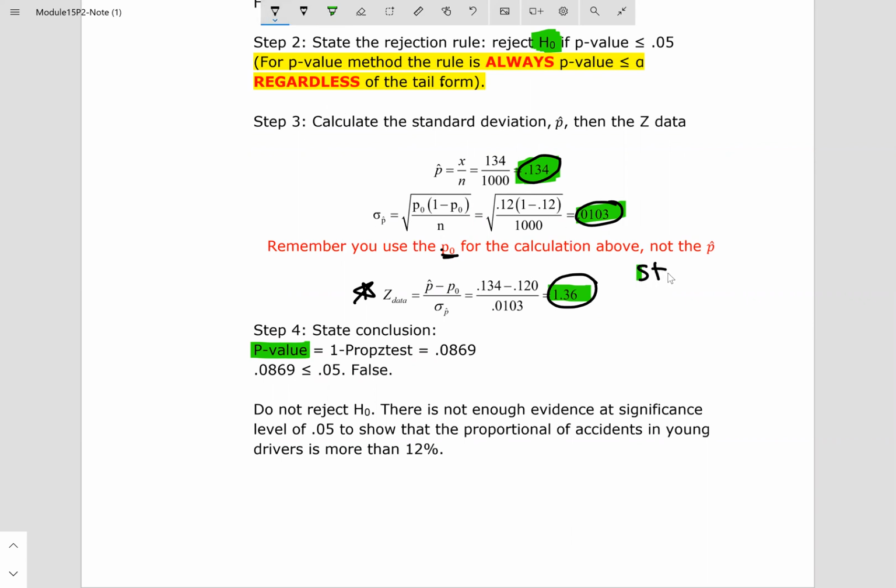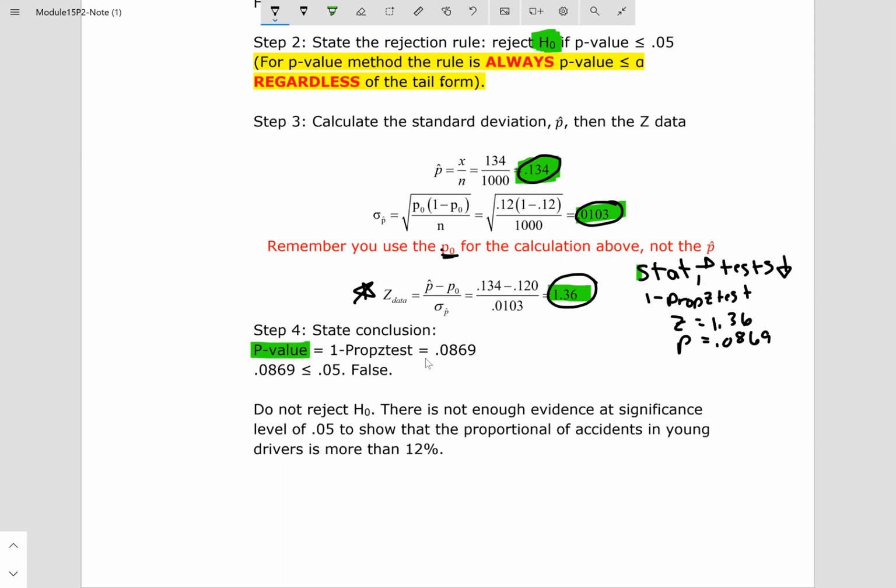It's in the notes from above: when you go into your calculator and do stat, then right arrow over to tests, and then arrow down to 1-PropZTest, it will give you not only that z is 1.36, it will also give you that p is 0.0869.